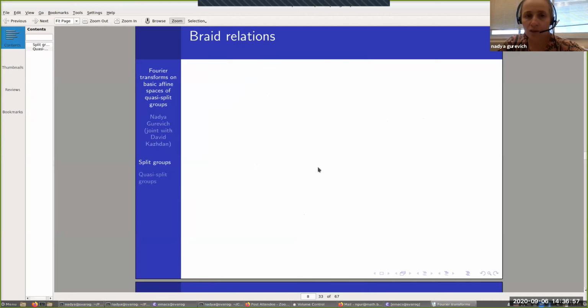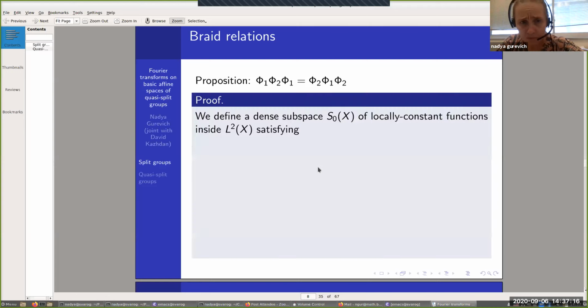So the unique braid relation for SL3 is just S1, S2, S1 is S2, S1, S2. So that's what we must show for this particular case. So let me sketch the proof.